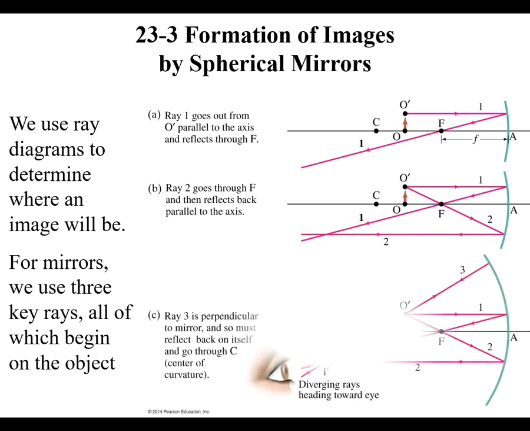The third ray we want to look at is a line that goes straight from the center of curvature to the mirror and straight back. Since that's a radius line, that means this line is perpendicular or normal to the surface of the mirror. So any reflection comes along that same line, and sure enough, it meets at the same point. That point would be the location of your image.